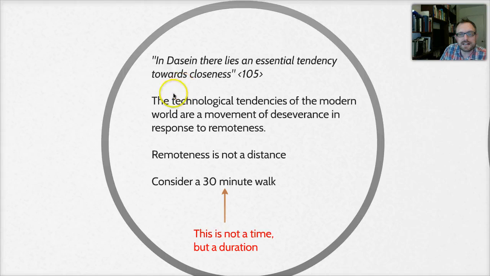And think here about the technological tendencies of the modern world and the way in which there's a movement of disseverance in response to remoteness, right? Now, of course, for Heidegger, his example here was the radio and the telephone. For us, we can think of the internet and Twitter. We can think of Facebook.